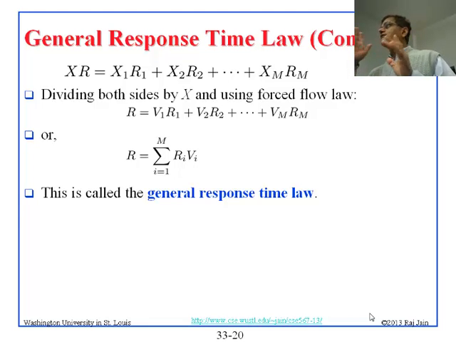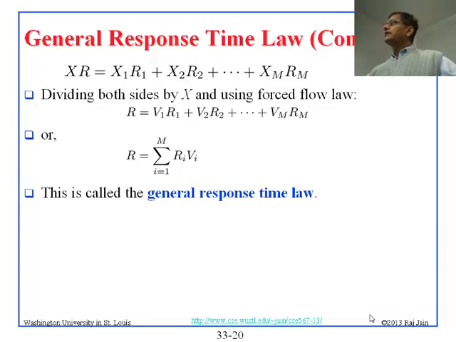If you have read it carefully, you would know that is the second law that we talked about: Xi is equal to X Vi. So X1 upon X is V1, X2 upon X is V2. Basically, the whole system response time can be calculated by multiplying R1 by V1, plus R2 by V2, plus Rm by Vm.